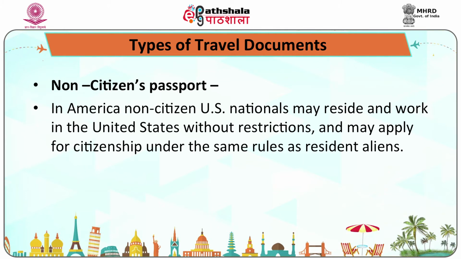In America, non-citizen US nationals may reside and work in the United States without restrictions and may apply for citizenship under the same rules as resident aliens. Like resident aliens, they are not presently allowed by any US state to vote in federal or state elections, although as with resident aliens there is no constitutional prohibition against their doing so.